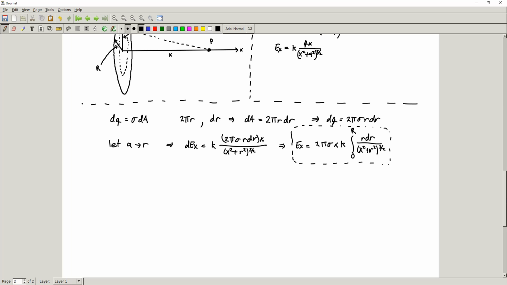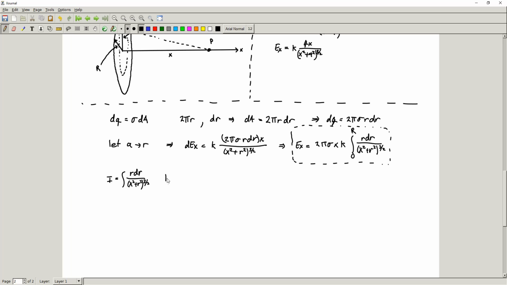We're going to take a look at that integral here. Okay, so let's take a look at just the indefinite integral that we need to solve. We need to solve the integral I equal to r dr over x squared plus r squared to the 3 over 2, and then we're going to worry about doing the definite integral after we have the solution.